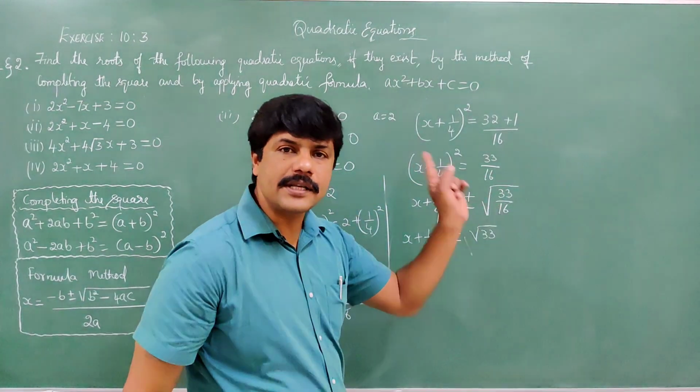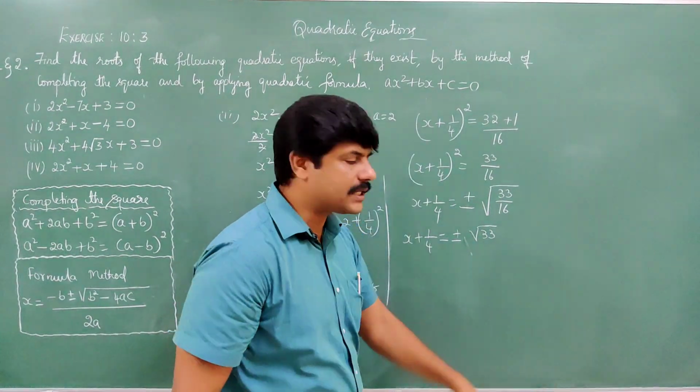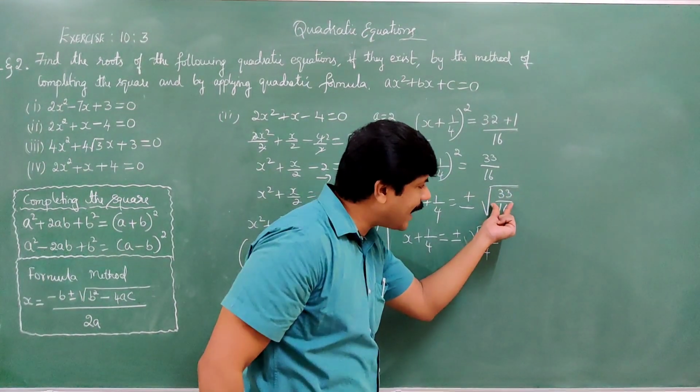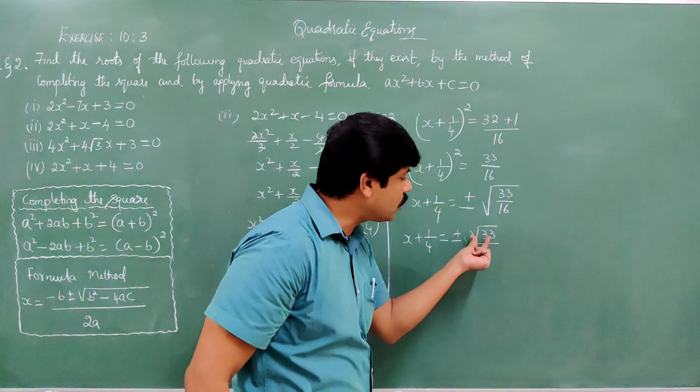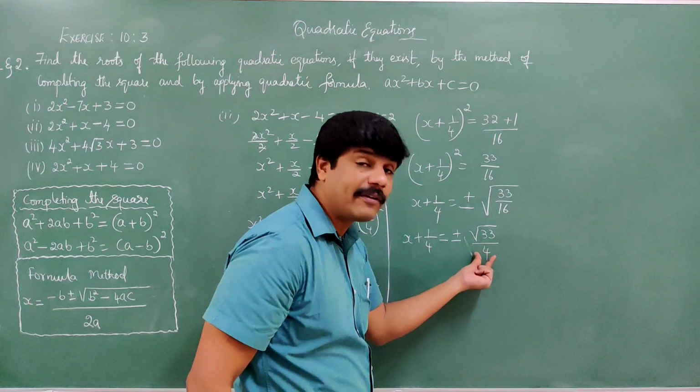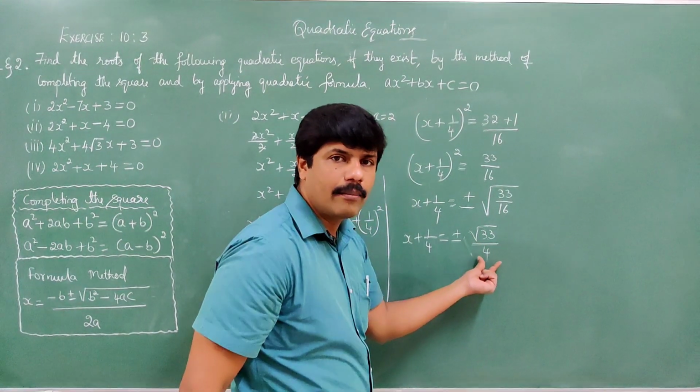But the denominator 16 is a square number, therefore the square root of 16 is 4. This root 33/16 becomes root 33 by 4. Why?